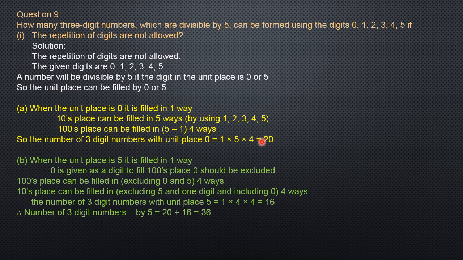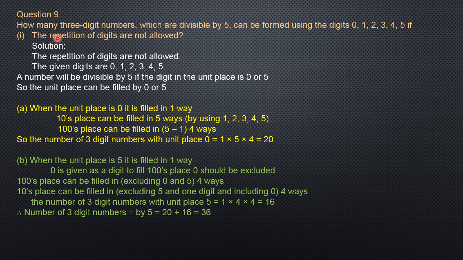When I choose one number from the 20 numbers, that is also a 3-digit number divisible by 5, or another way, I choose one number from the 16 numbers that also satisfies the given condition. So this or this, so use the plus symbol. Total answer is 36. This is the number of 3-digit numbers which are divisible by 5 without repetition.